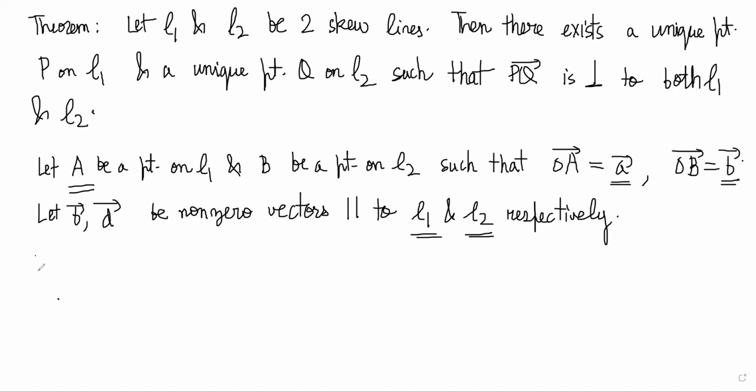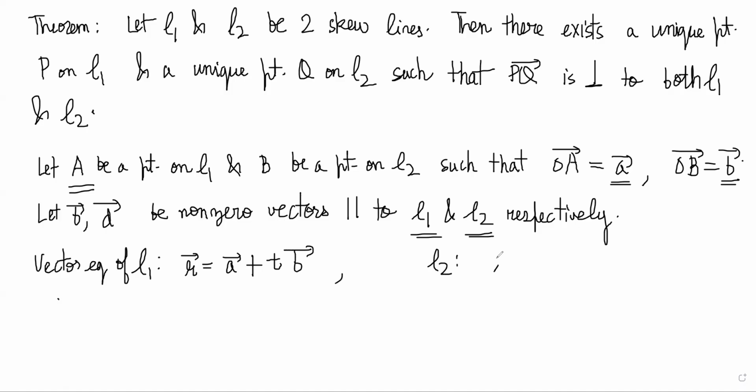So the vector equation of L1 would be r is equal to a plus t times the c vector, and L2's equation would be r is equal to b plus s times the d vector. Okay, I have made a mistake here. Obviously, I have used b vector here, so I cannot use B and D here.